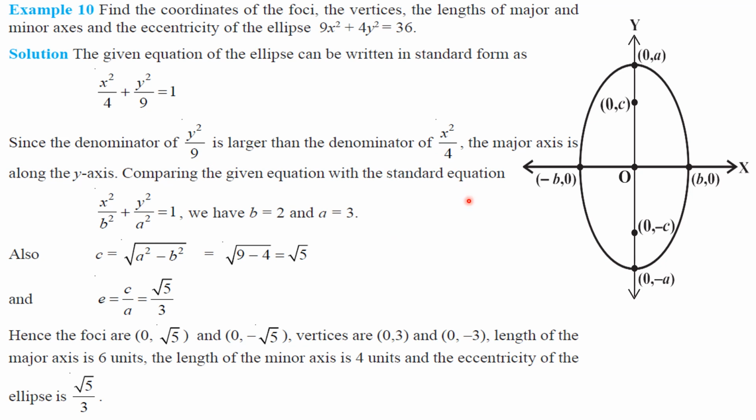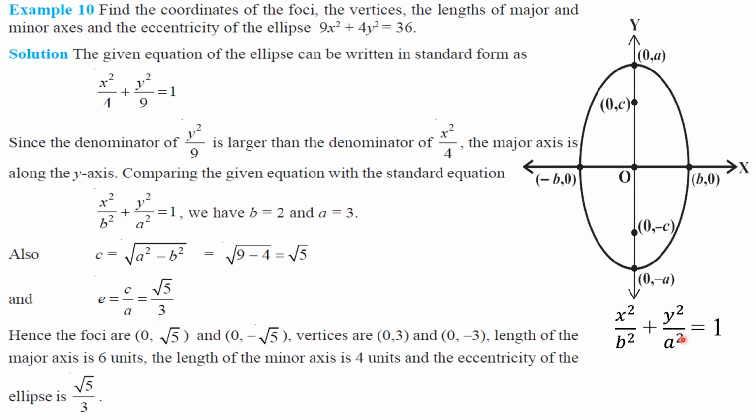So, my children, right? And I will write the equation of this ellipse. What is the equation of this ellipse? x square by b square plus y square by a square is equal to 1. So this is the equation of the ellipse.